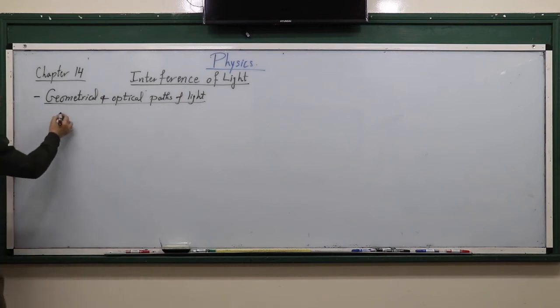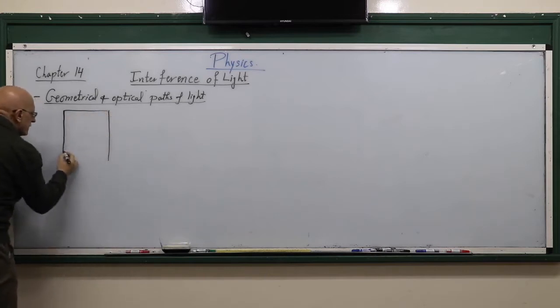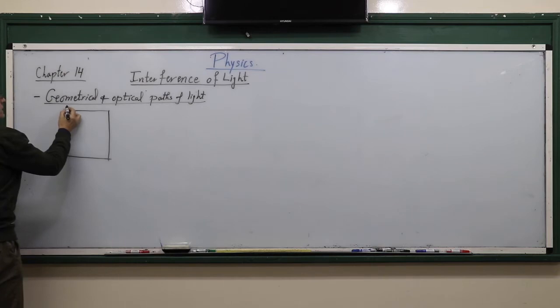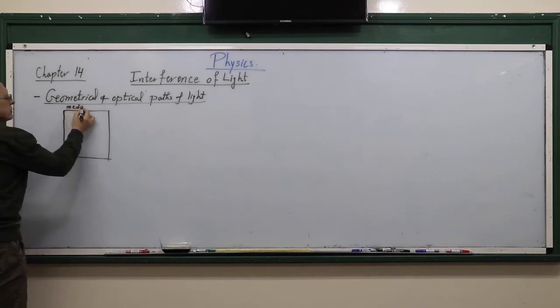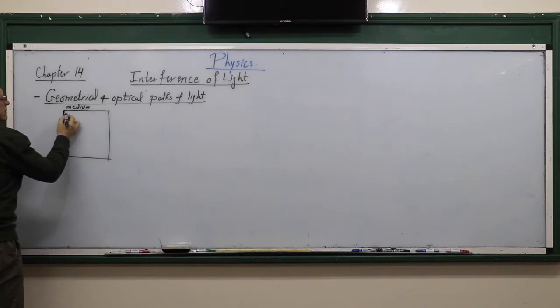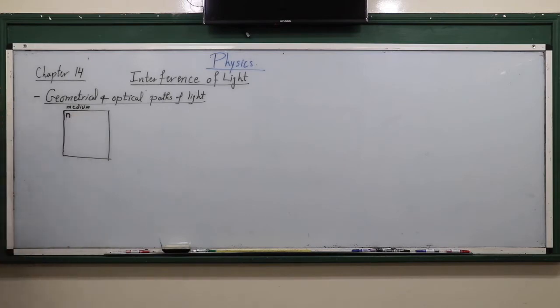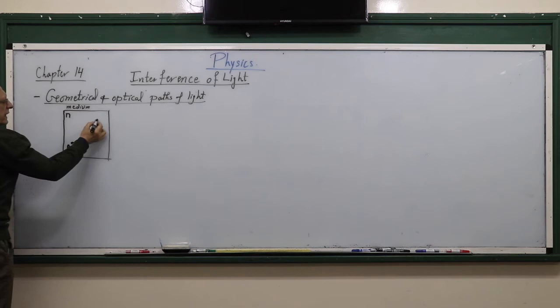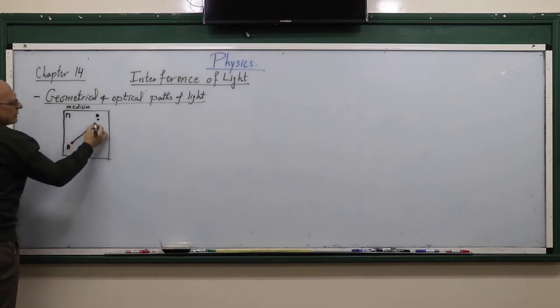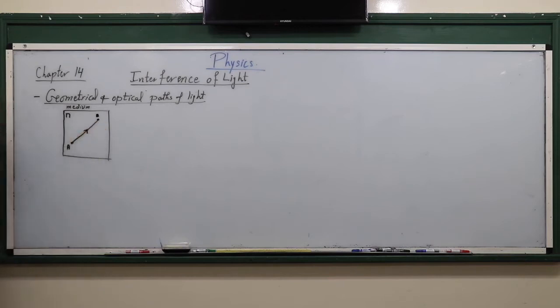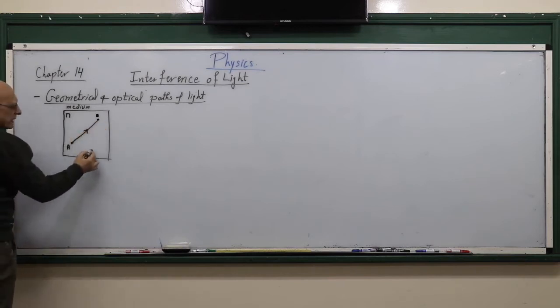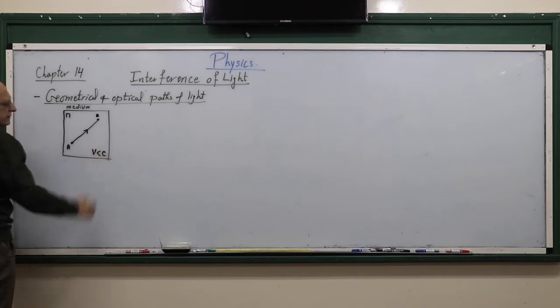Consider any medium of index n. Suppose you have a ray of light that covers distance AB in this medium, where the speed of light is v, less than c.